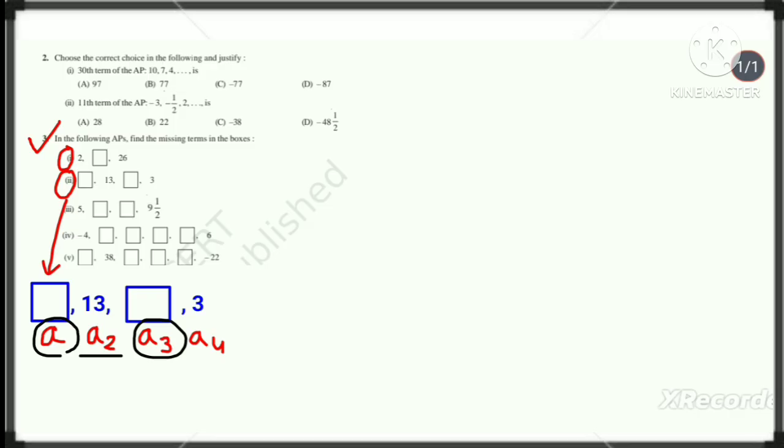A2 can be written as A plus D, and it is equal to, okay, here it has been given 13, equal to 13. Okay, let's assume this is equation 1.